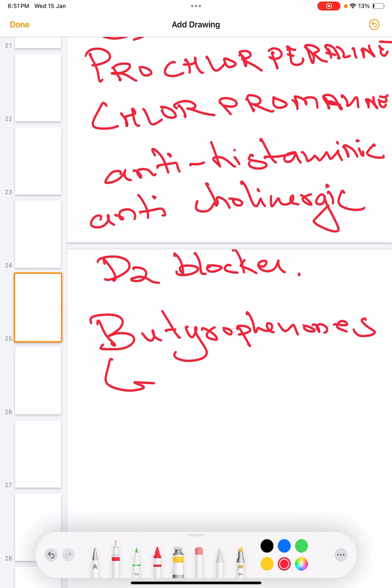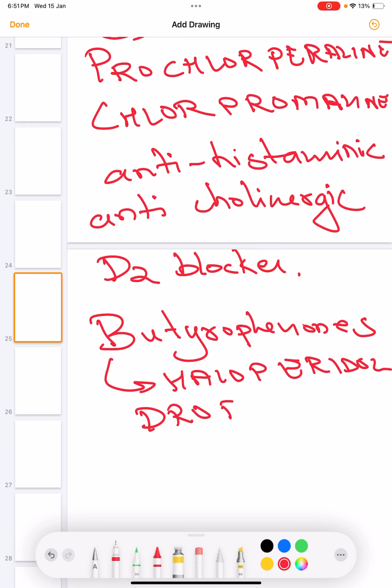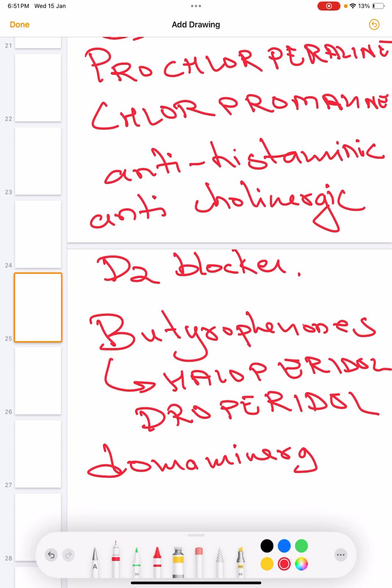Butyrophenones such as haloperidol and droperidol have antiemetic properties due to dopaminergic blockade. It is D2 blockade.